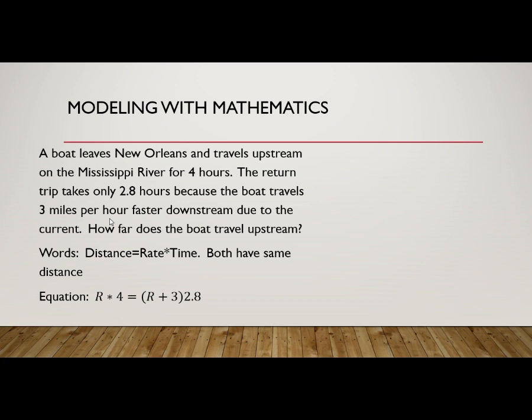As they were going downstream, we know they went 3 miles per hour faster. So we have the same rate plus 3 miles per hour faster multiplied by the 2.8 hours it took in that trip. All right, so now we've got our equation. We can begin solving it.